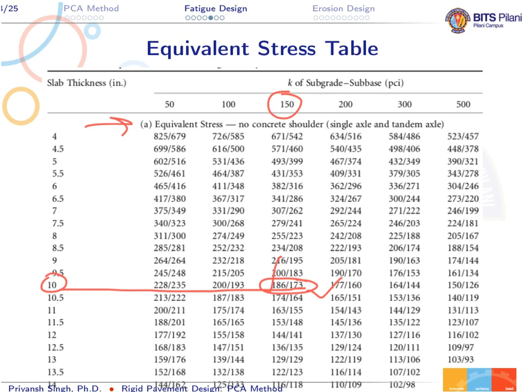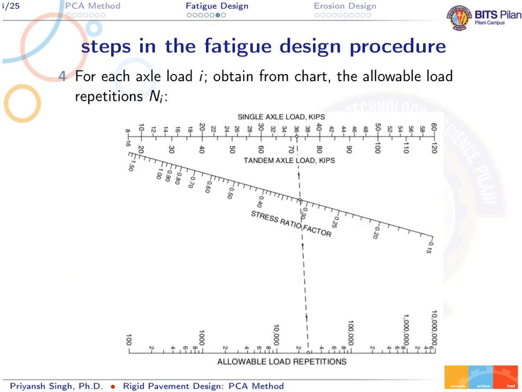Once you have read this equivalent stress, you can calculate the stress ratio factor by dividing this equivalent stress by the modulus of rupture. This will be used further. The fourth step will be to use the stress ratio factor and different axle loads to determine the allowable load repetitions. So how to read this nomogram?